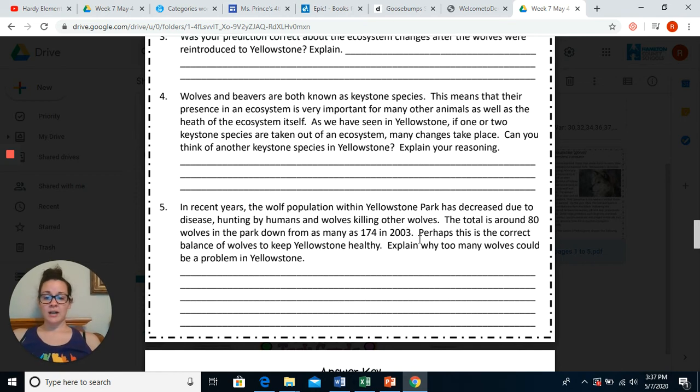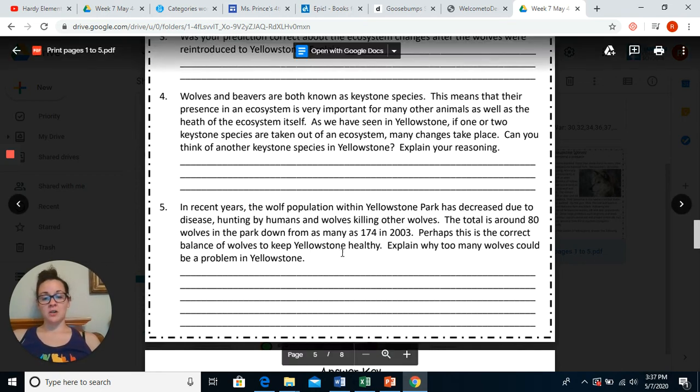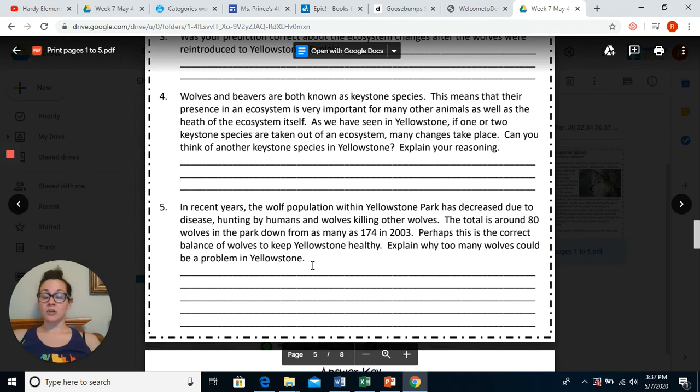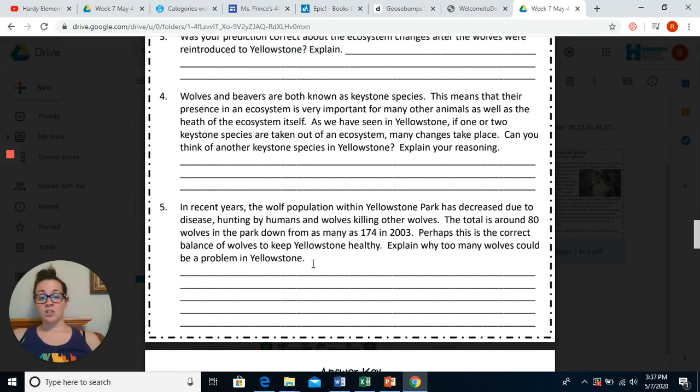Perhaps this is the correct balance of wolves to keep Yellowstone healthy. Explain why too many wolves could be a problem for Yellowstone. So we've talked about how removing the wolves completely hurt Yellowstone. Now, how could having too many of them in Yellowstone be a bad thing? Why could that be a problem?